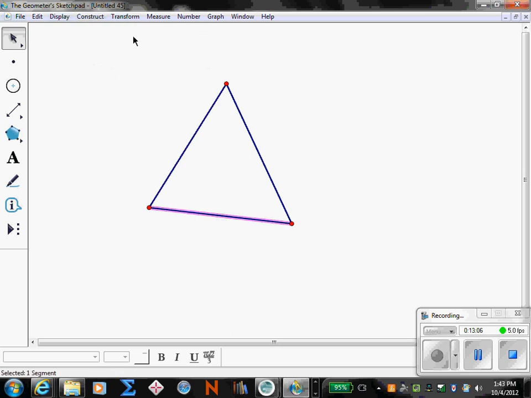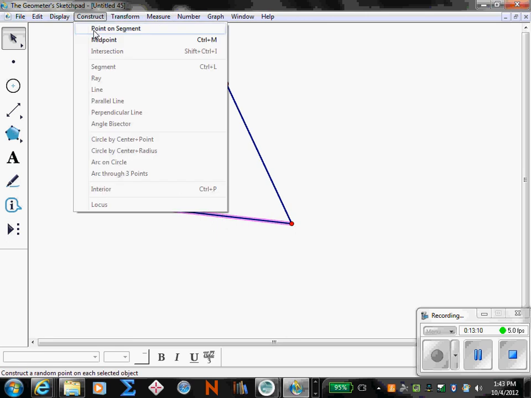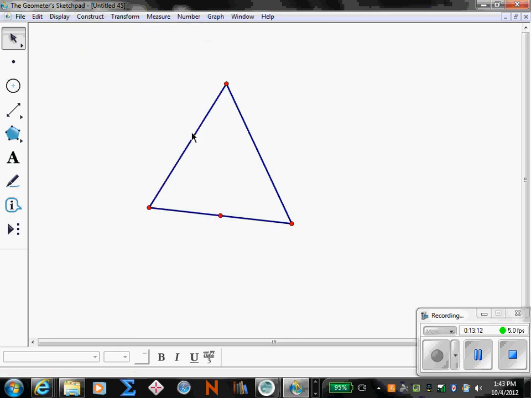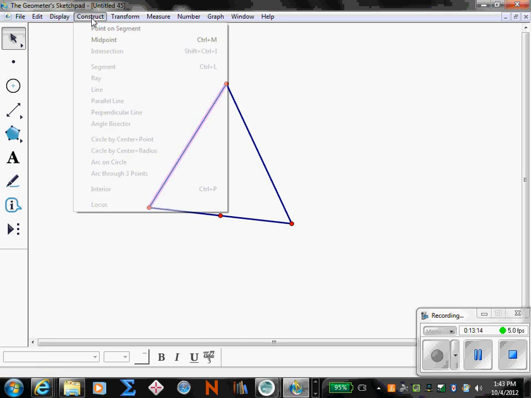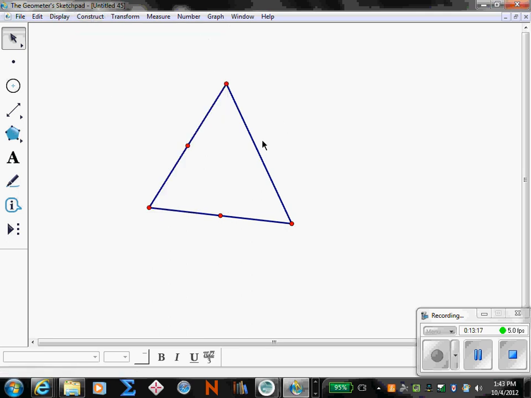I've already got one segment highlighted, so I am going to go ahead and construct its midpoint, and then I'm going to construct the other 2 midpoints. And you can do that in your original construction all at once if you want to. So now I have 3 midpoints. Now if I highlight a vertex with the midpoint across from it and construct a segment, that is a median.